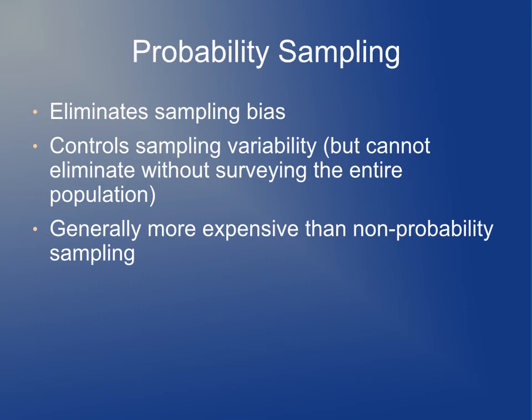You can never eliminate it entirely without surveying the entire population. The one drawback is that it tends to be more expensive than non-probability sampling, but in the vast majority of cases, that's a price you're willing to pay, because if you use non-probability sampling, as I illustrated here, you can get wildly inaccurate results.